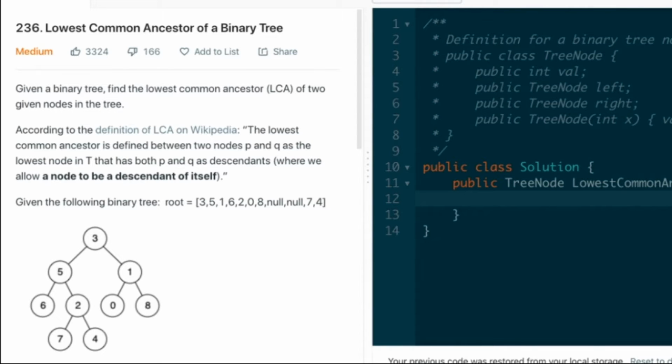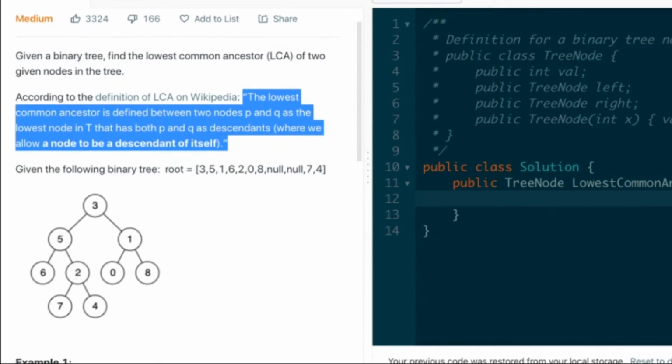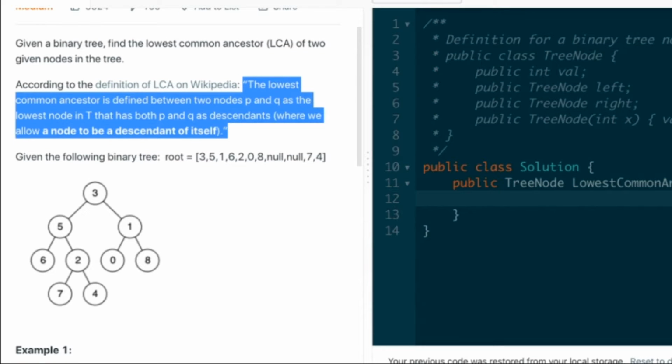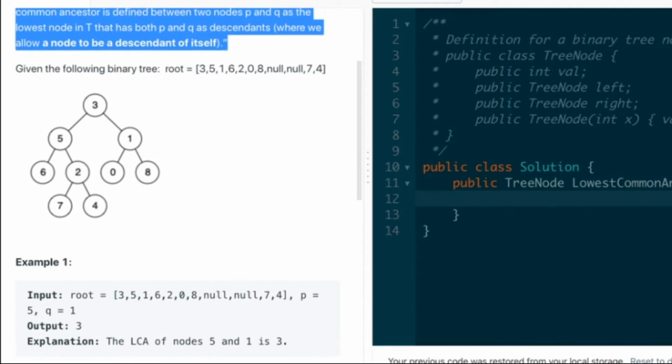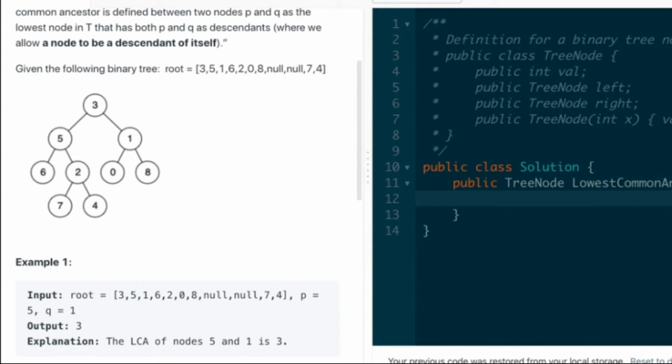So, just to explain this definition here, imagine we are looking for, as the example is asking, the lowest common ancestor of P and Q, where P is 5 and Q is 1 in this tree here. So 3 is the root of this tree, and we are looking for the lowest common ancestor of 5 and 1.